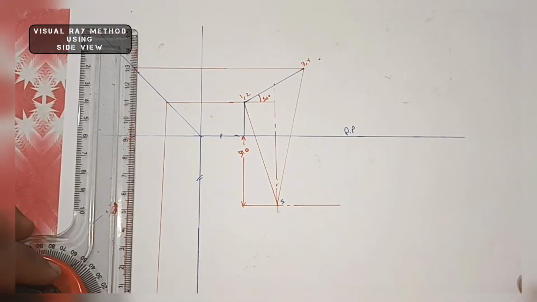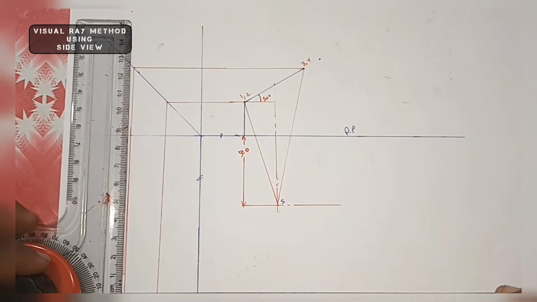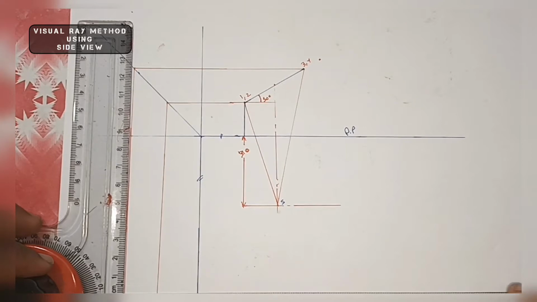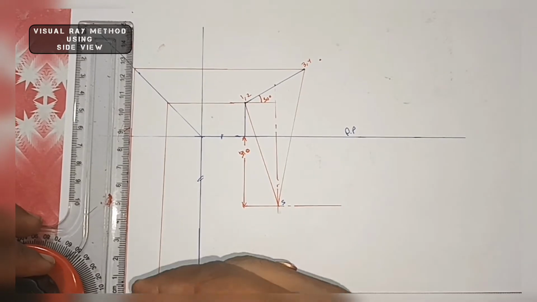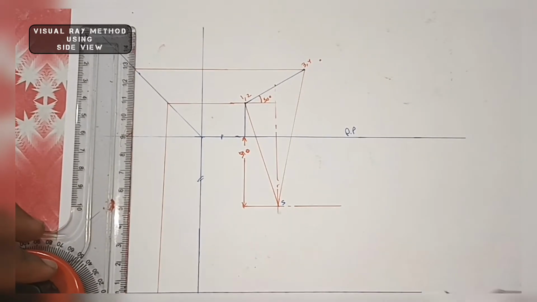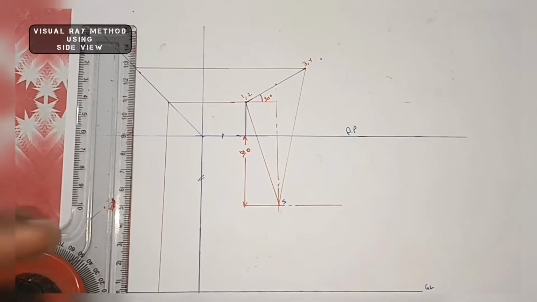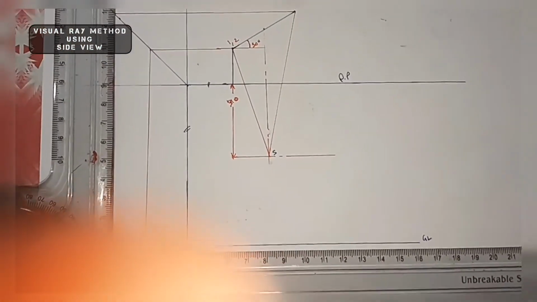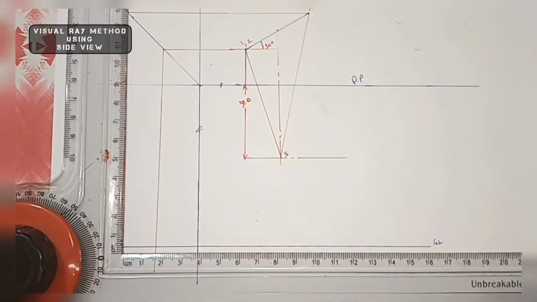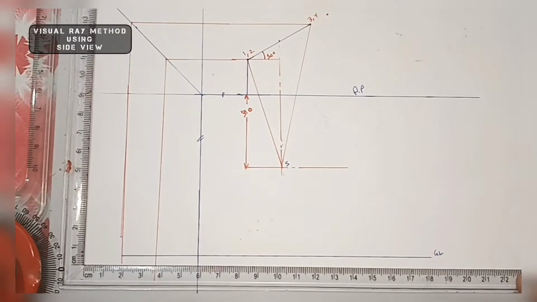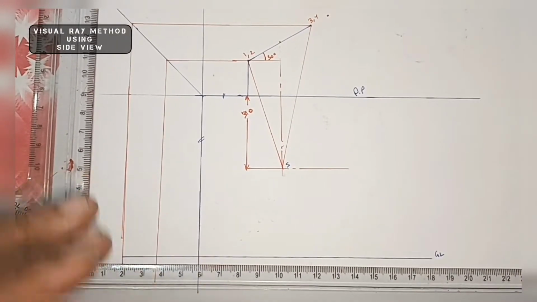So we need to make a ground line. Whatever distance from this PP, you can take a ground line. This is a ground line, like this. And now this is a plate.